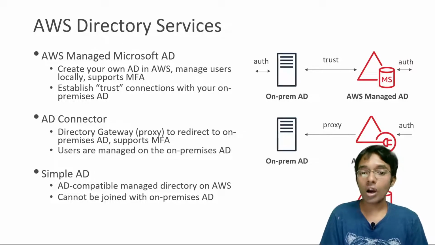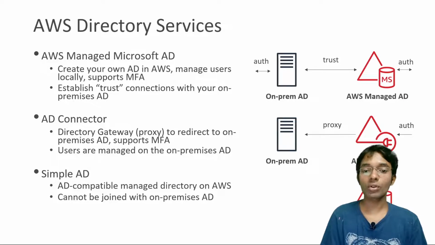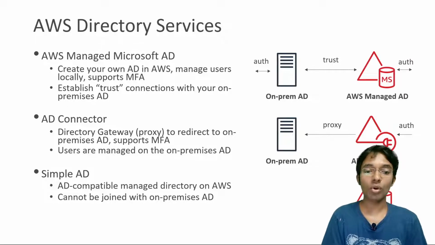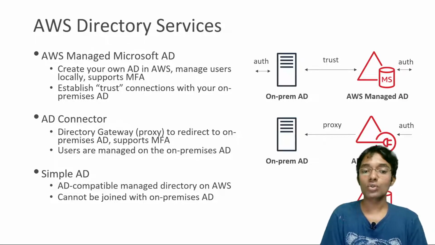So you are going to be able to create your own AD in AWS, manage users locally, and it has support for MFA. You will have to establish a trust with your on-premises AD, and we'll see what that trust looks like. If you want some kind of connection between your on-premises AD and your AWS Managed Microsoft AD, let's have a look here in the diagram.